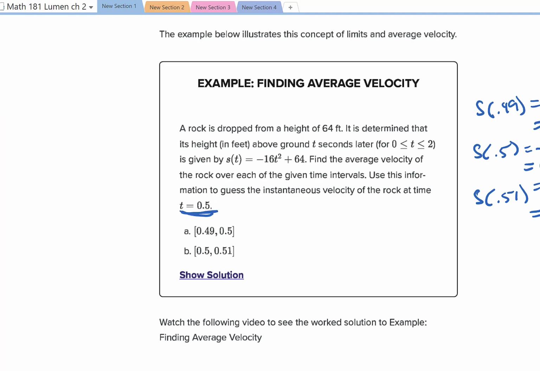So we're going to do s of 0.50 minus s of 0.49 divided by 0.50 minus 0.49. And that's going to be, no, I got those backwards.